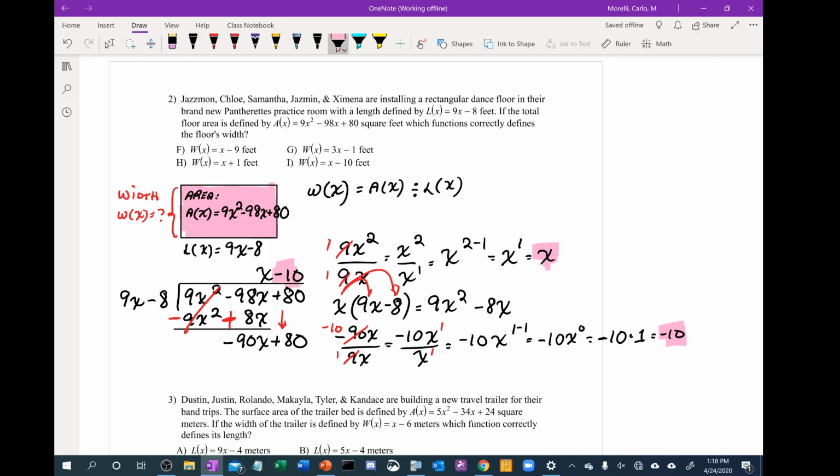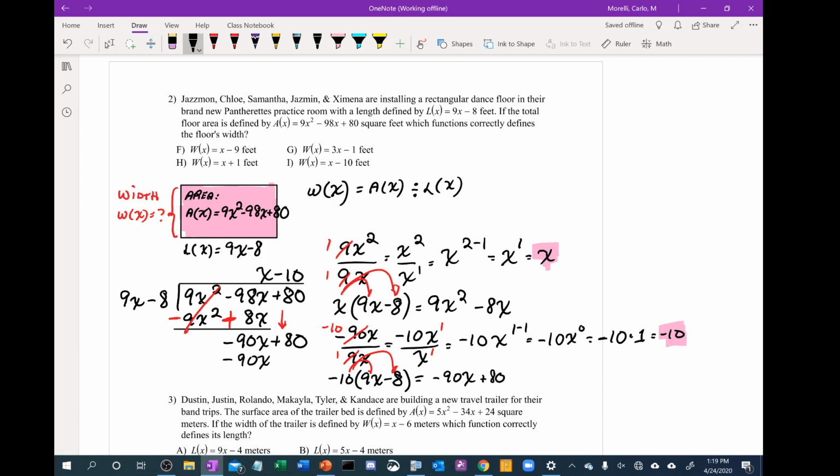Now we multiply the new term of the quotient by the entire divisor, and so that gives negative 10, open parentheses, 9x minus 8, close parentheses, and we'll multiply the negative 10 through the binomial in the parentheses. Negative 10 times 9x is negative 90x. Negative 10 times negative 8 is positive 80. So we write that underneath its matching term of the dividend.